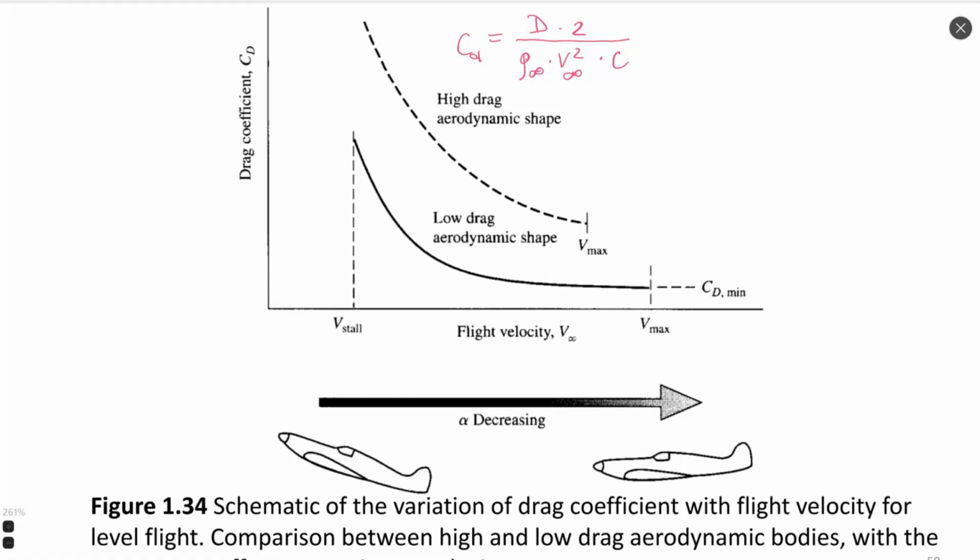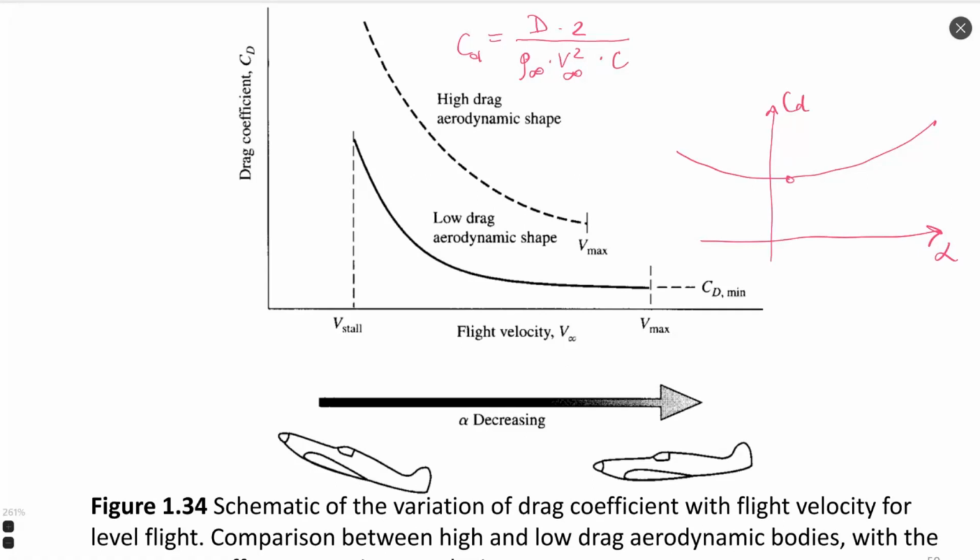Okay, that's it. And we remember the function of drag coefficient as we had in one of the previous slides. This is alpha and this is the CD axis.